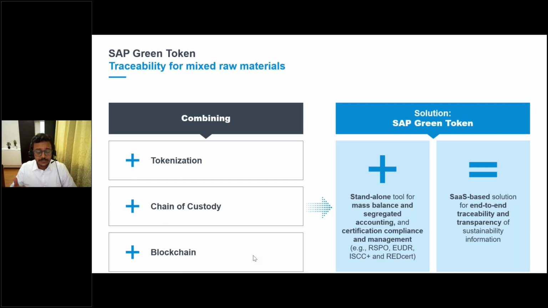And this makes it easier for companies to prove the sustainability claims that they are making about their products.